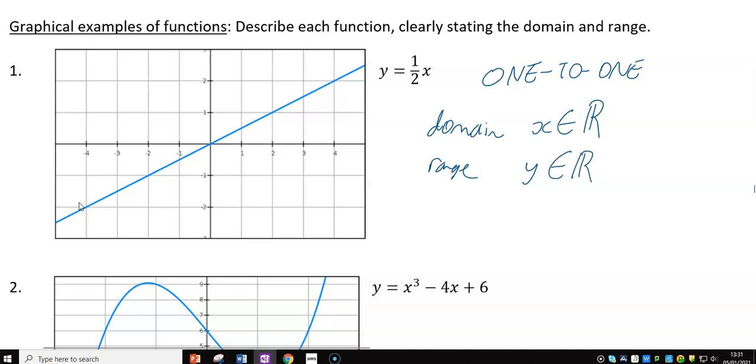You imagine, as I continued out this way, my x values are going to go all the way out this way as well. And same for my y, it's going to go infinitely up and infinitely down as well. So that's why we've got those. So x belongs to all the reals, and y also would then belong to all the reals too.